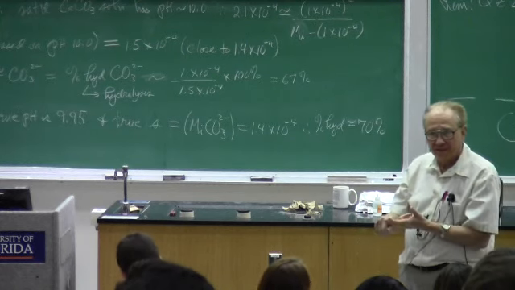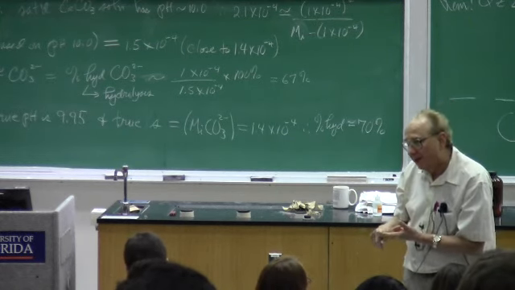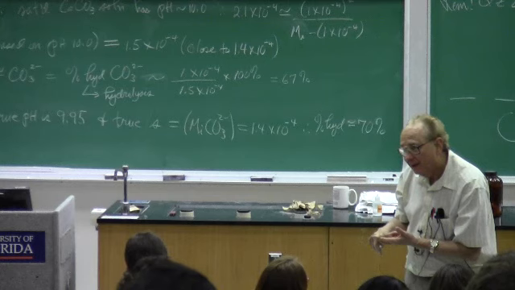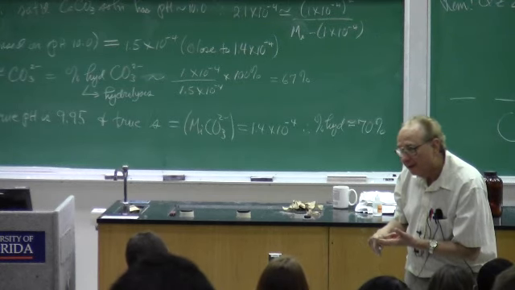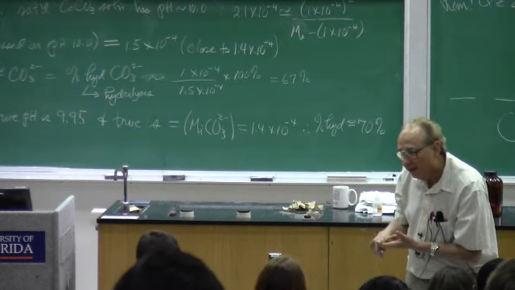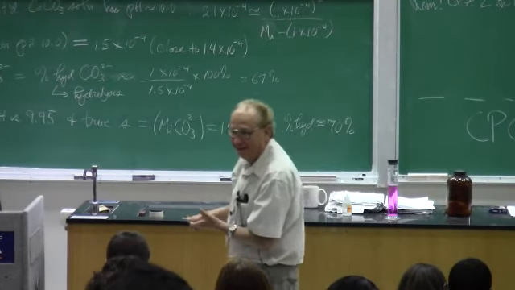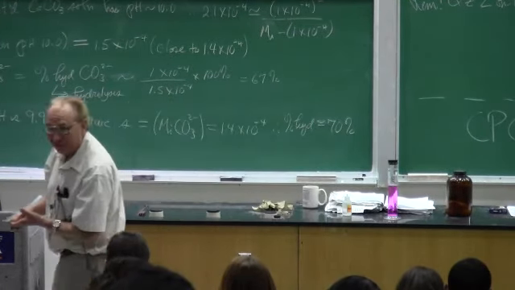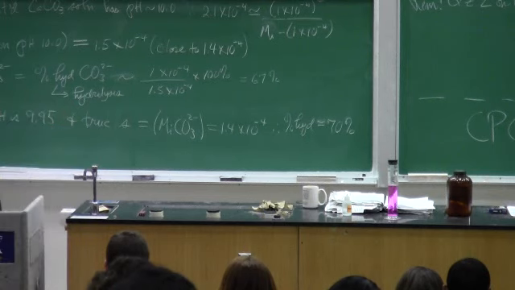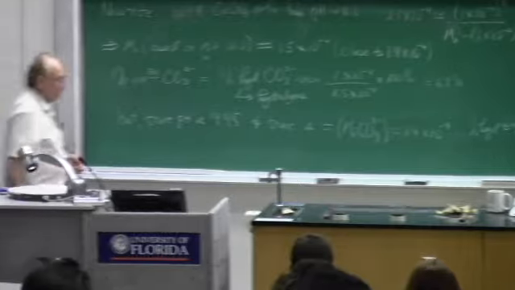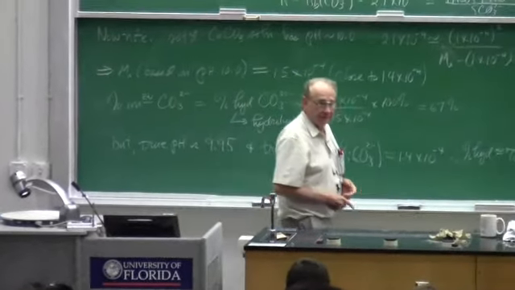KW for water. What else will you need? KB for what? HS minus. Because that's the base that will be present in that system. All right. That's a look to the future.